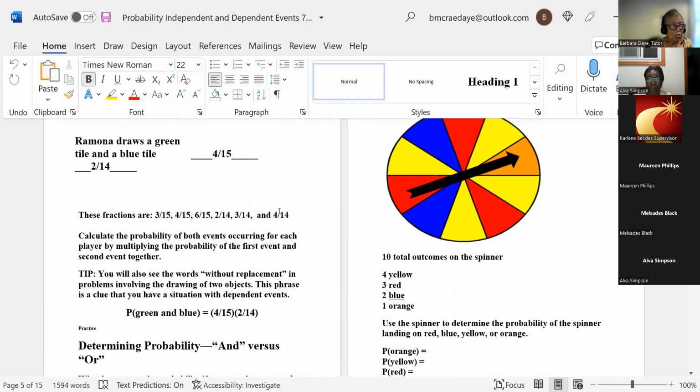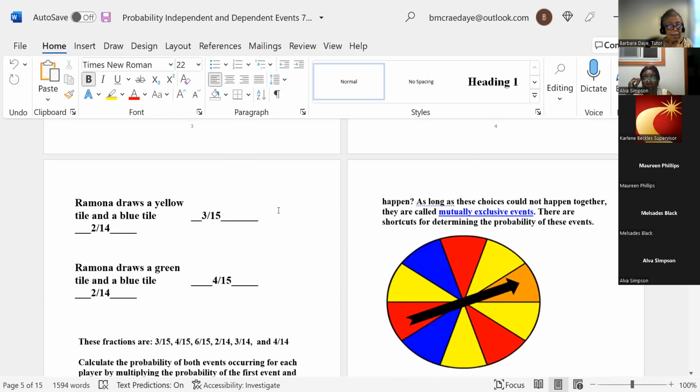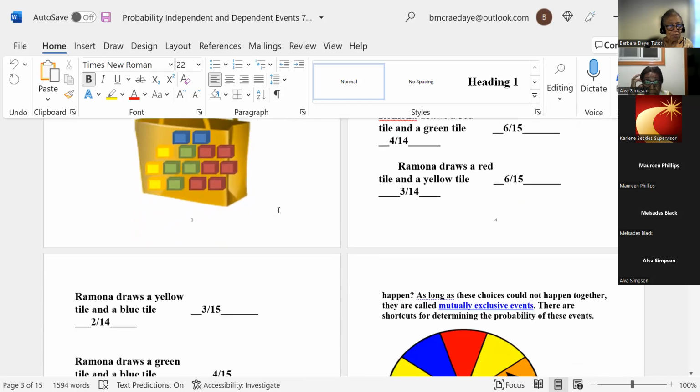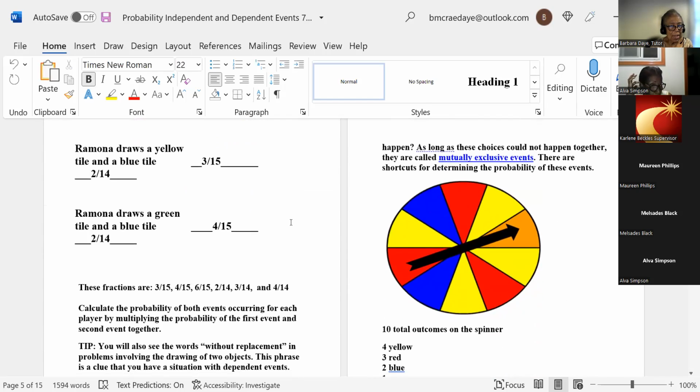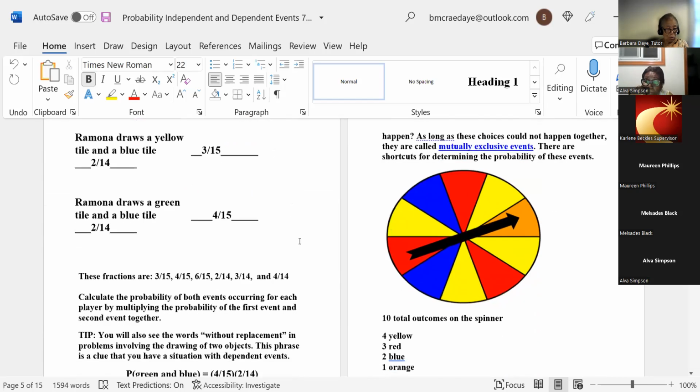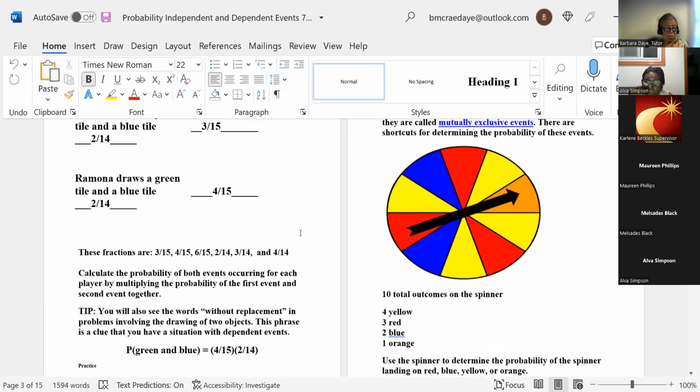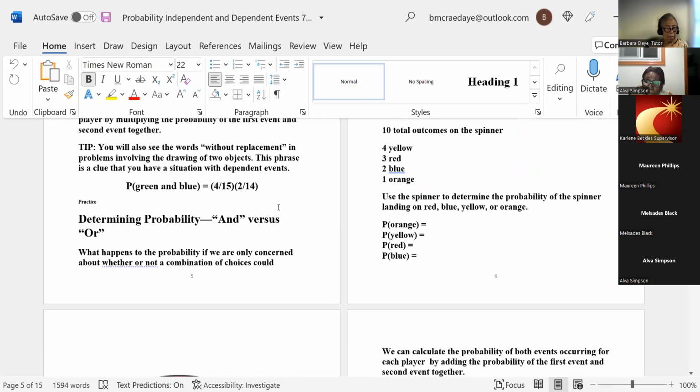Questions on two events? That's what I had told you before. When you take one out and you don't replace it, you decrease your total. Okay.